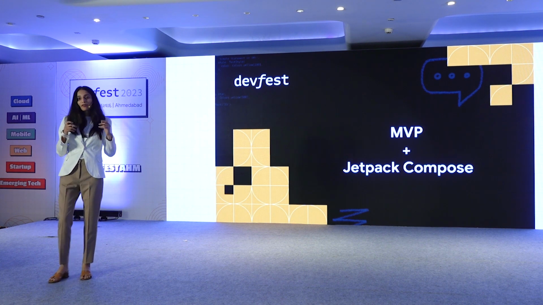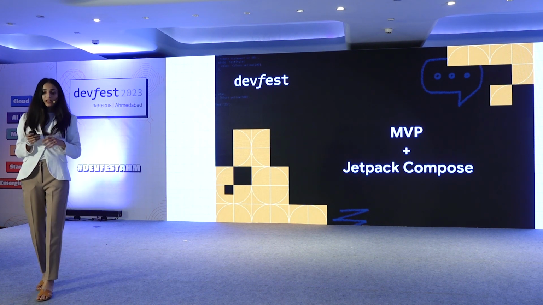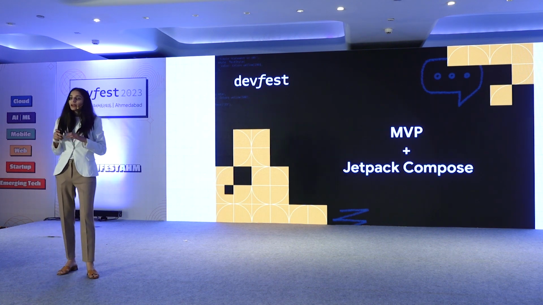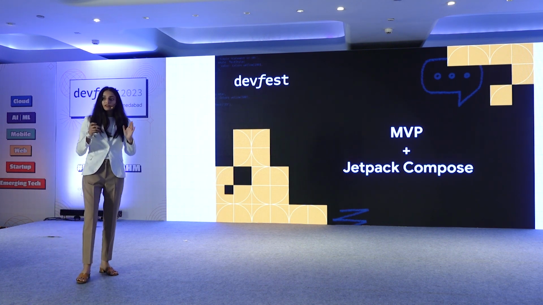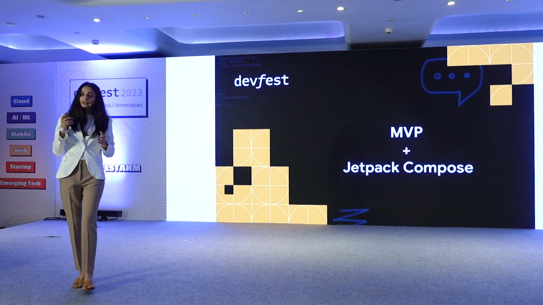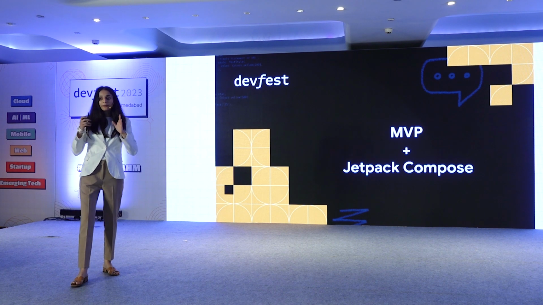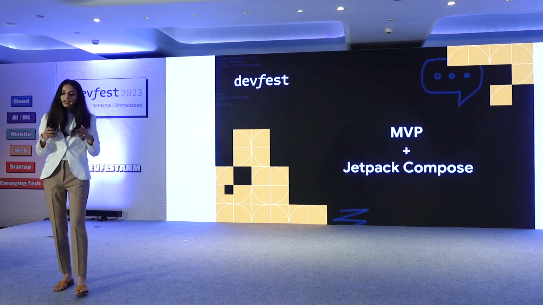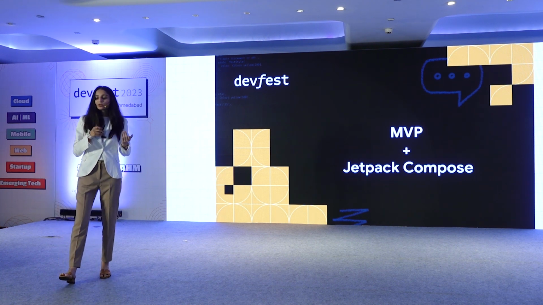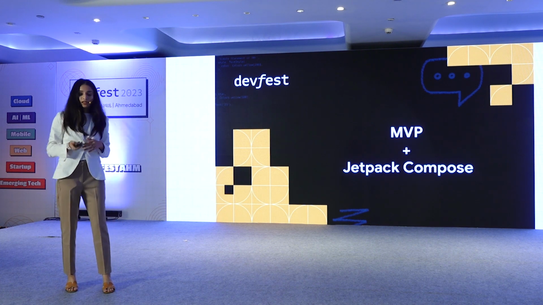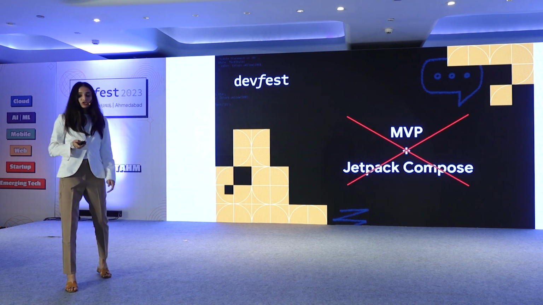So we cannot provide the view reference to the presenter, and that's why we cannot use MVP with Compose. If you already have an application with MVP, you can still use it, but it will be difficult to maintain, because you can use the root view of the activity and pass it to the presenter, but it's not recommended for the long term. So again, it's not a good choice.